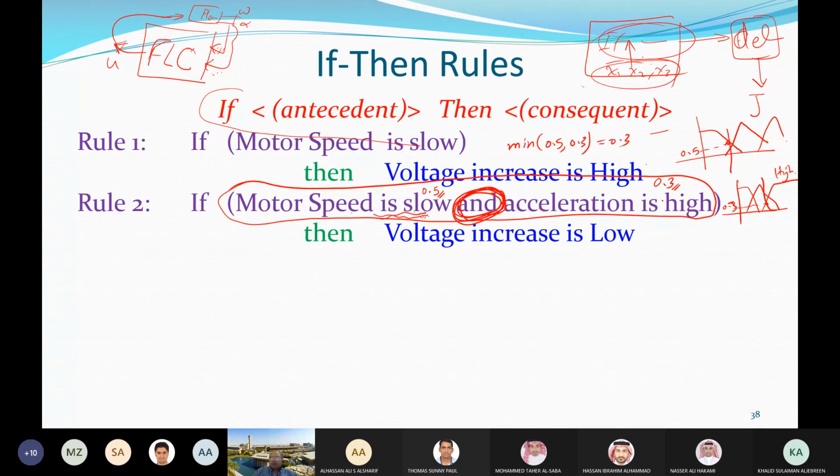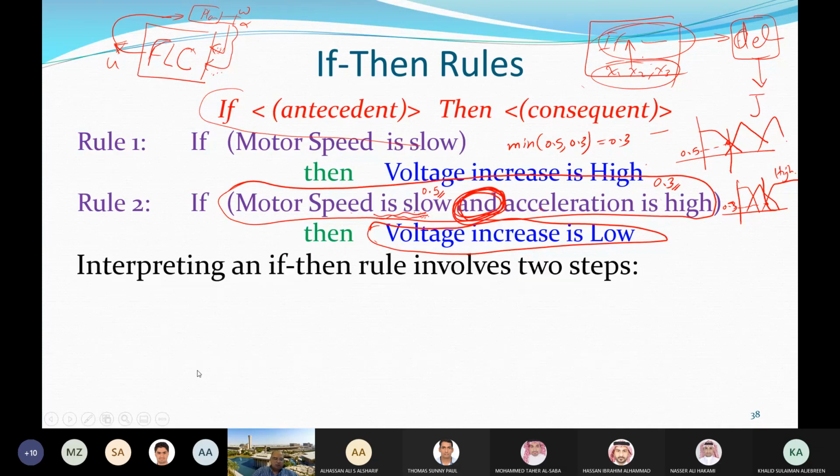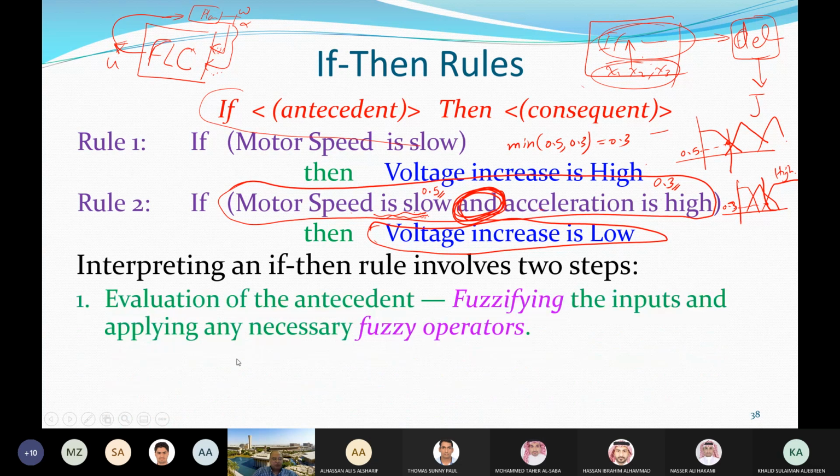So if the antecedent is satisfied by a degree of 0.3, the consequent will also be satisfied by a degree of 0.3. As we mentioned last class, interpreting an if-then rule involves two steps.